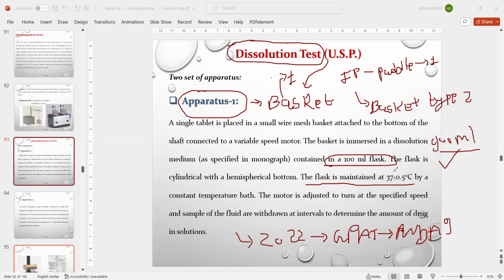The important thing is it is maintained at 37 degrees, and only plus or minus 0.5 degree Celsius variation is allowed. While in case of disintegration, if you have observed, it is plus or minus 2 degrees, because dissolution is more stringent compared to disintegration. For approval, you have to prove your dissolution, right?